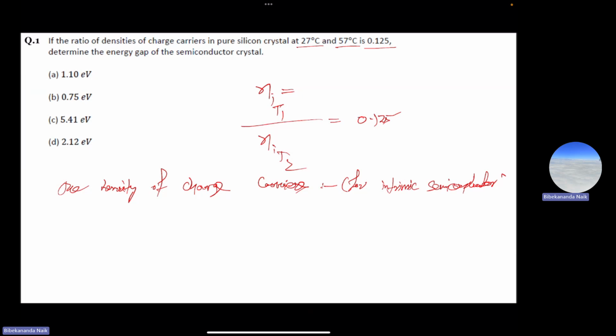Taking ln on both sides, ln 0.144, but the exponential will be cancelled out. It will be Eg by 6600 kB.